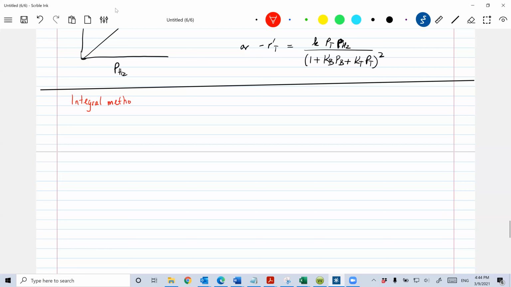Now the integral method, of course, cannot be used for a CSTR, but it can be used when you derive your data using a PFR or PBR or an ideal batch reactor.